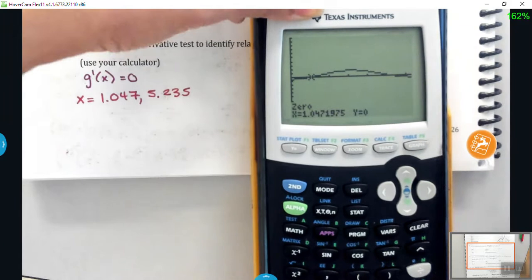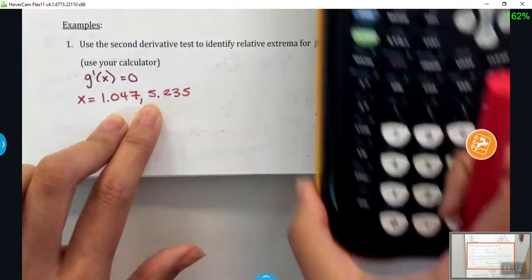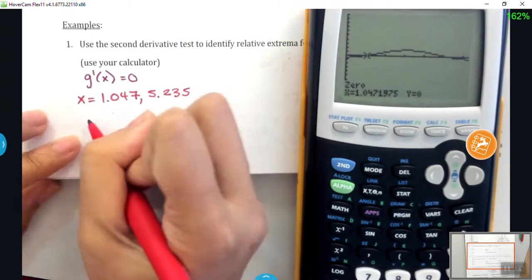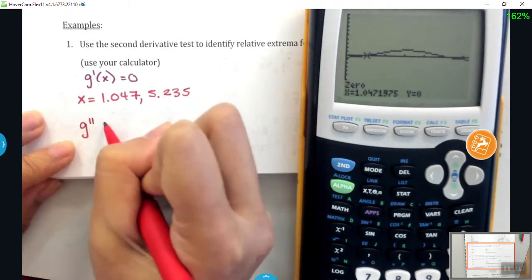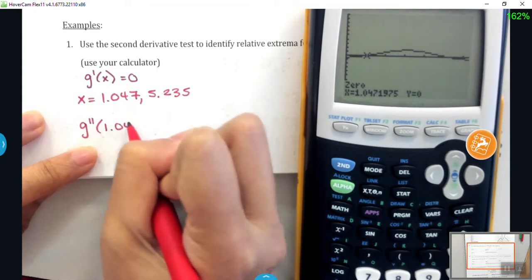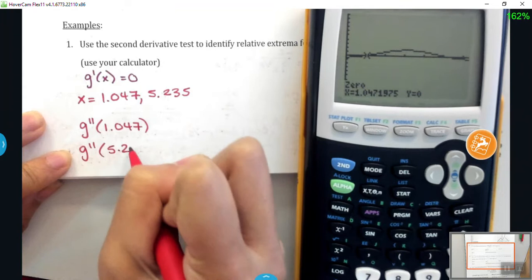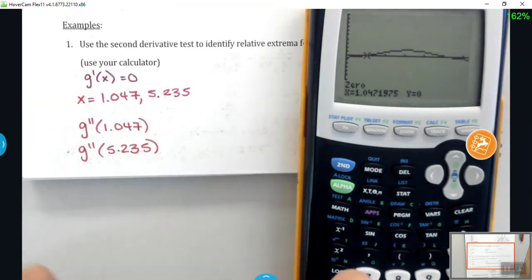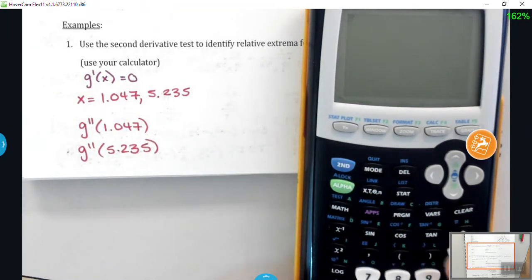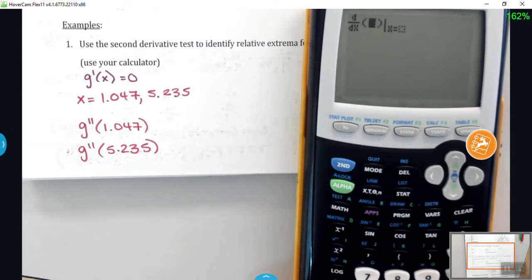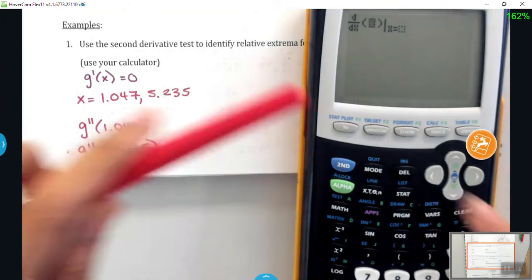Yes? All right, so we got those two x locations where we have the first derivative equals 0. Now all I want to find is my second derivative at 1.047 and my second derivative at 5.235. So here's what I do. We go to our home screen and we go Math 8 and it says d dx. Now let's go, where was our first derivative? In y, where did I put it?